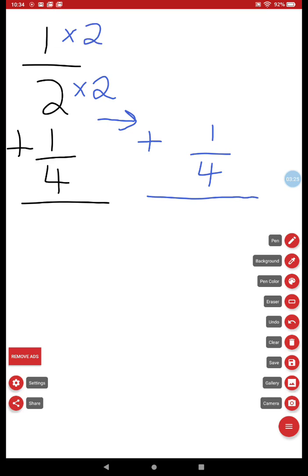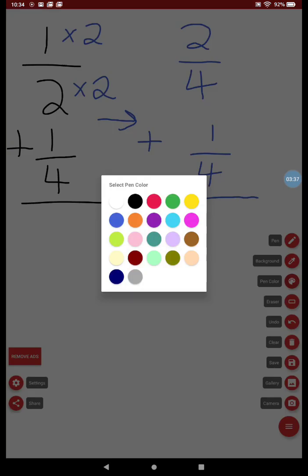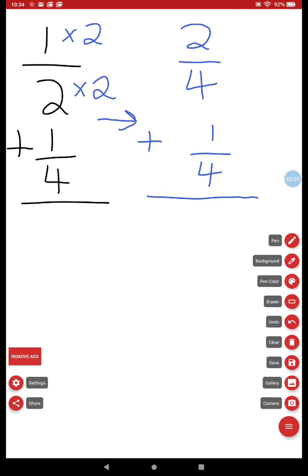All right, let's rewrite it. 1 times 2 is 2. 2 times 2 is 4. Oh, do I have like denominators now? You bet, they both have a denominator of 4. Now, when I add fractions together until I simplify, I need that denominator of 4.